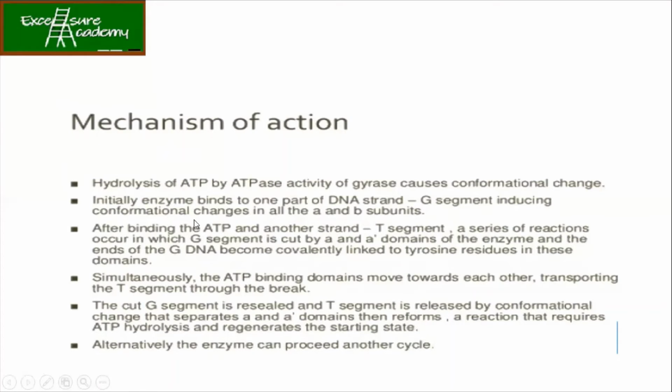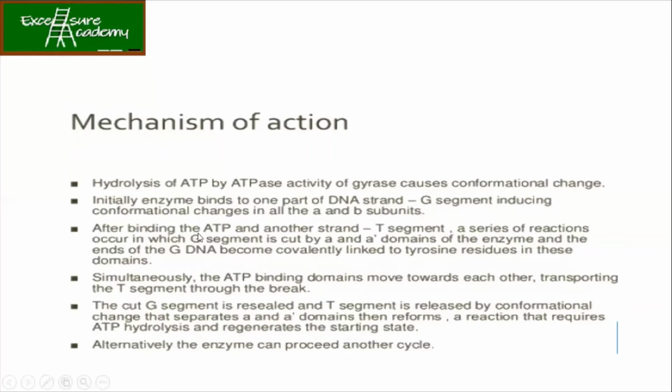Hydrolysis of ATP by the ATPase activity of gyrase causes a conformational change. Initially, the enzyme binds to one part of the DNA strand, called the G segment, inducing a conformational change in the A and B subunits of your topoisomerase. Remember, topoisomerase 2 is made up of two subunits, A and B. So there is going to be a conformational change.